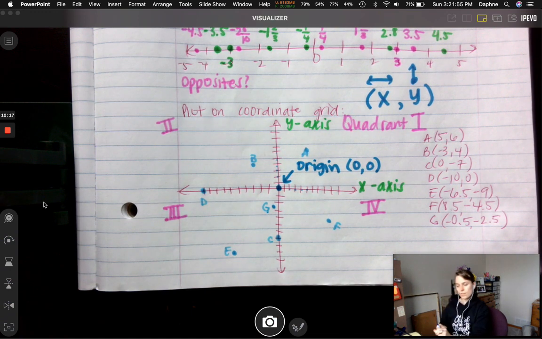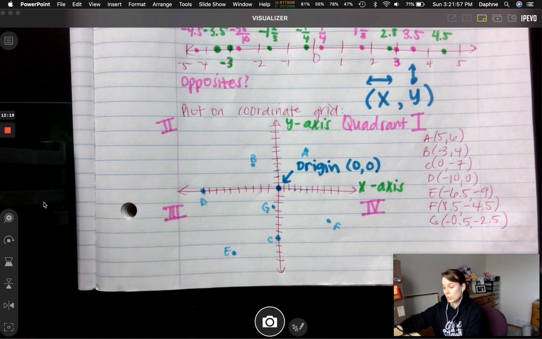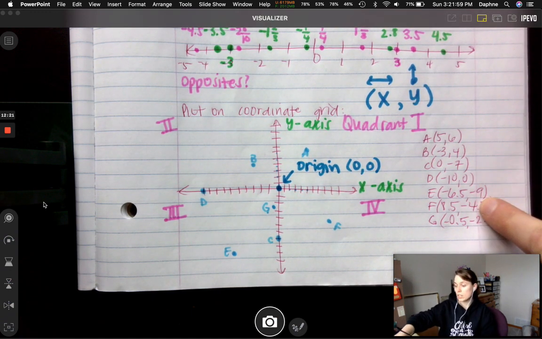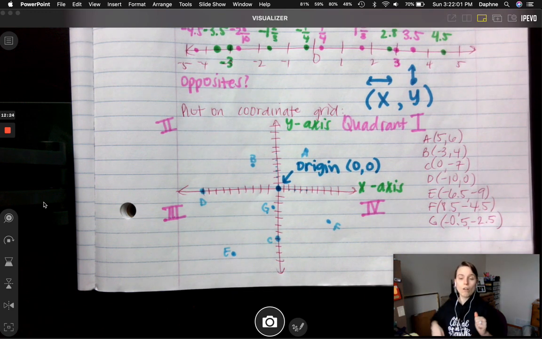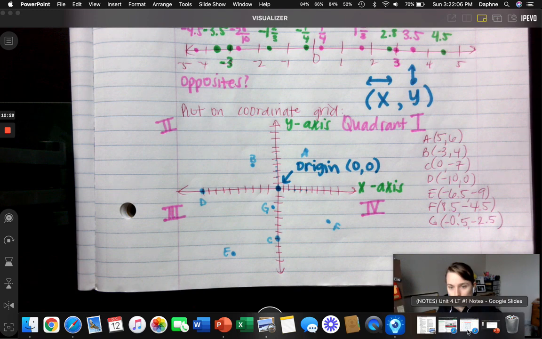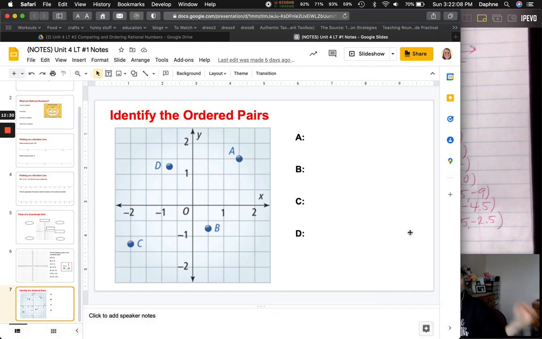G. Awesome. So how many of those did you get out of the ones that were there? What did you get? And then the other thing I want to have you practice is, what is the coordinate? I know you can't see my face. Woo, I'm over here. There we go. So what is the coordinate for A? Did you write 1.5, 1.5? Then you're awesome. Okay. What's the coordinate for B?